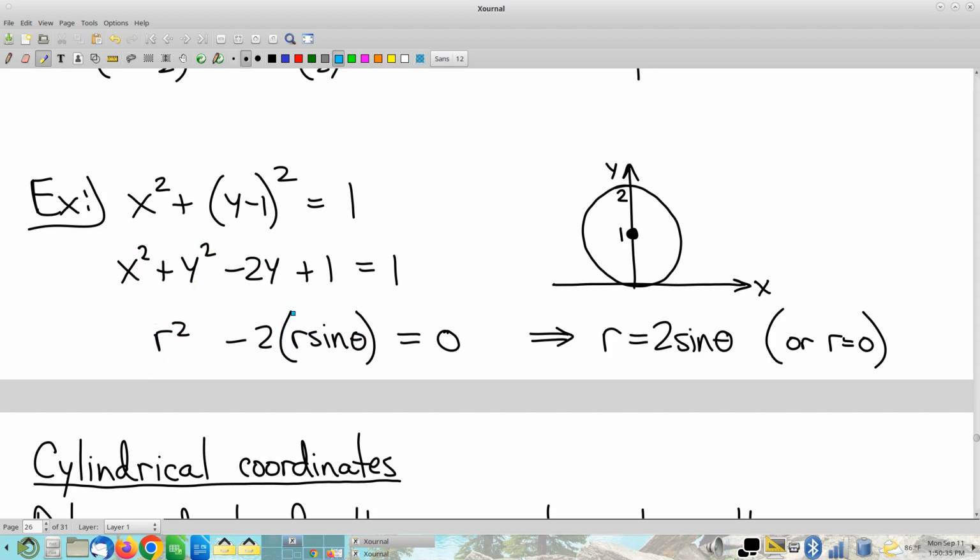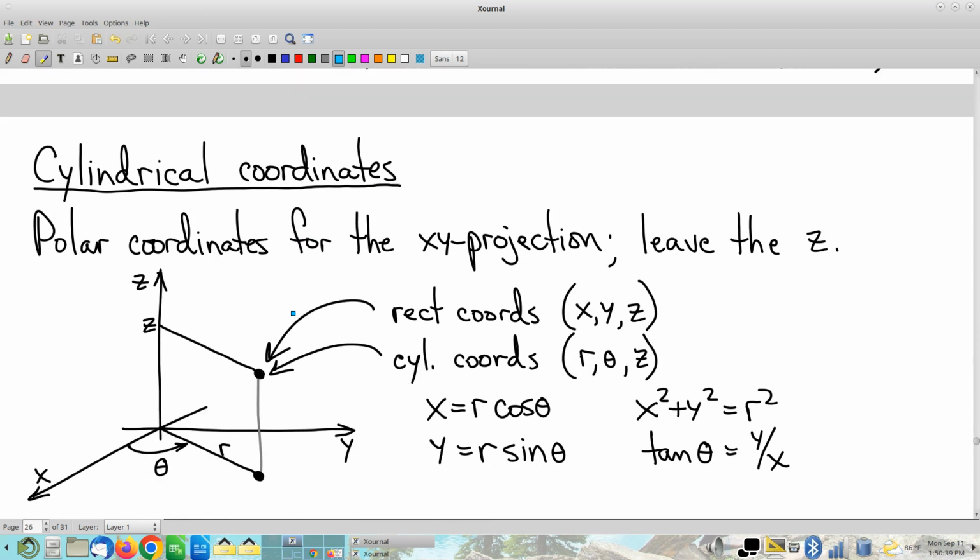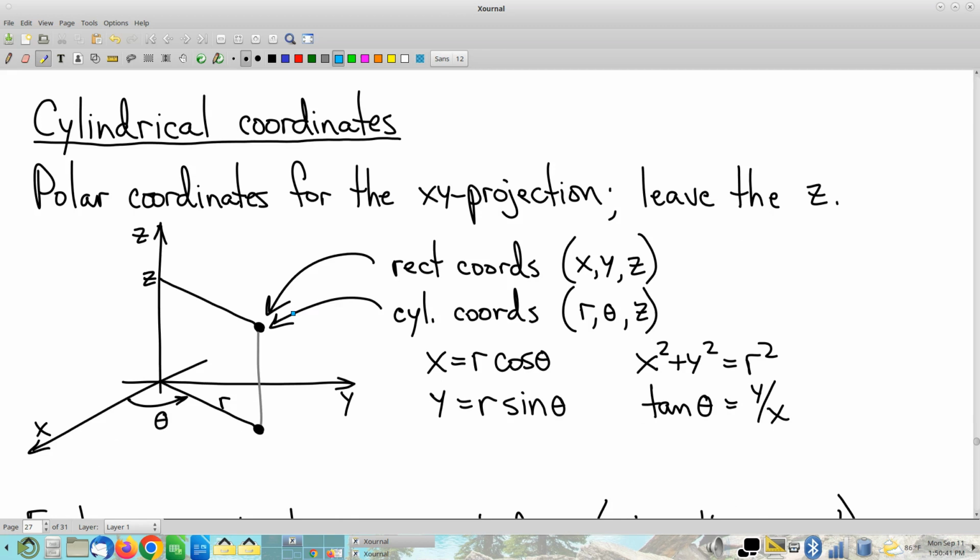Alrighty. Okay, moving along. So that's polar. Let's talk about cylindrical coordinates. It's a different coordinate system. A lot of people like to call this polar coordinates in space or polar coordinates in R3. I think that's fine, I suppose, but it's also easier to describe as just cylindrical coordinates.